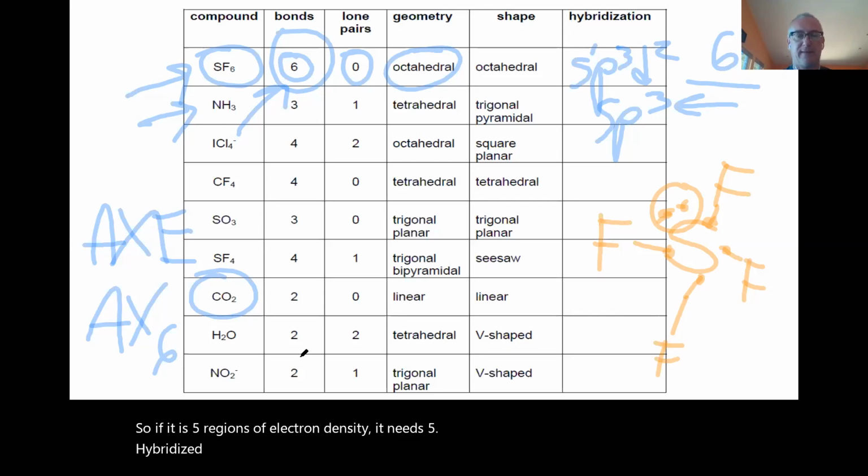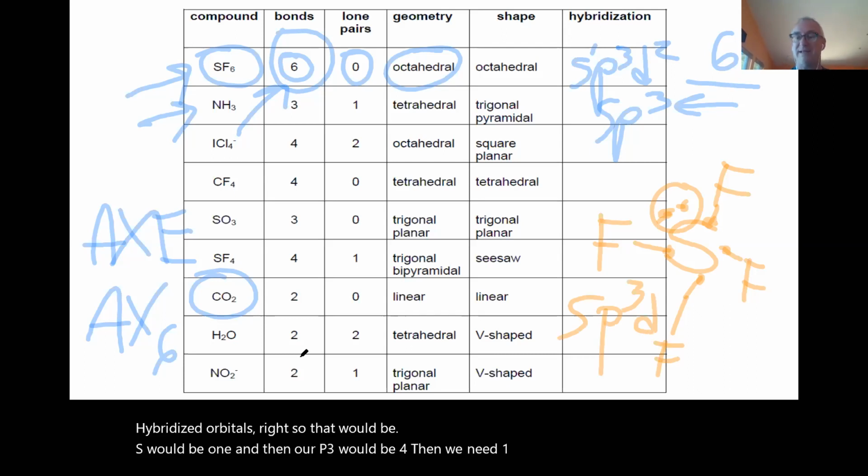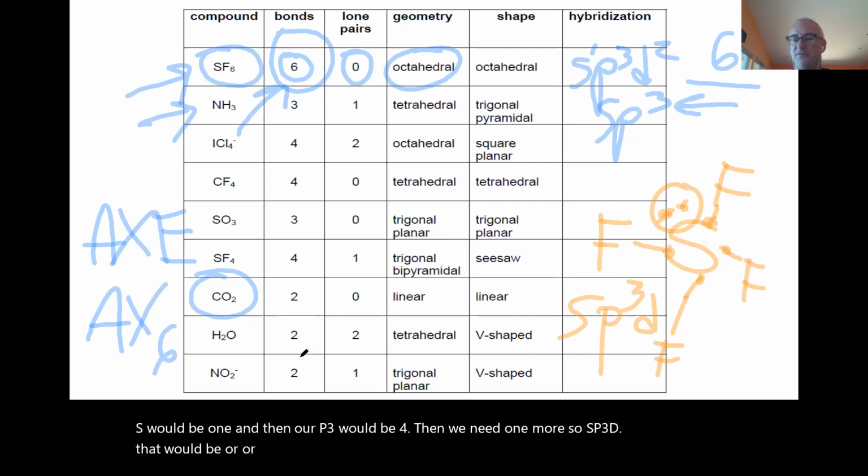S would be 1, our p3 would be 4, and we need 1 more. So sp3d would be our hybridized orbitals for SF4. You have to take into account the lone pairs as well.